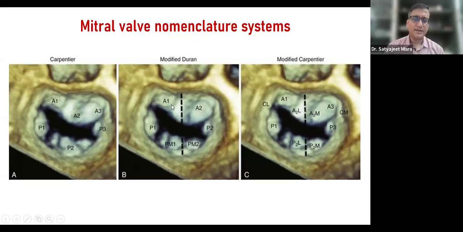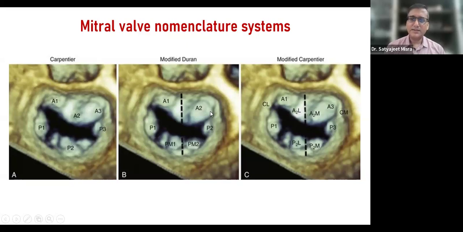If you draw an imaginary line dividing the mitral valve leaflets into two equal halves, all those on the lateral side are attached to the anterolateral papillary muscle, and all those on the medial side are attached to the inferomedial or the posteromedial papillary muscle. So the A1, P1, and PM1 segments are attached to the anterolateral papillary muscle, and the A2, P2, and PM2 segments are attached to the posteromedial papillary muscle.